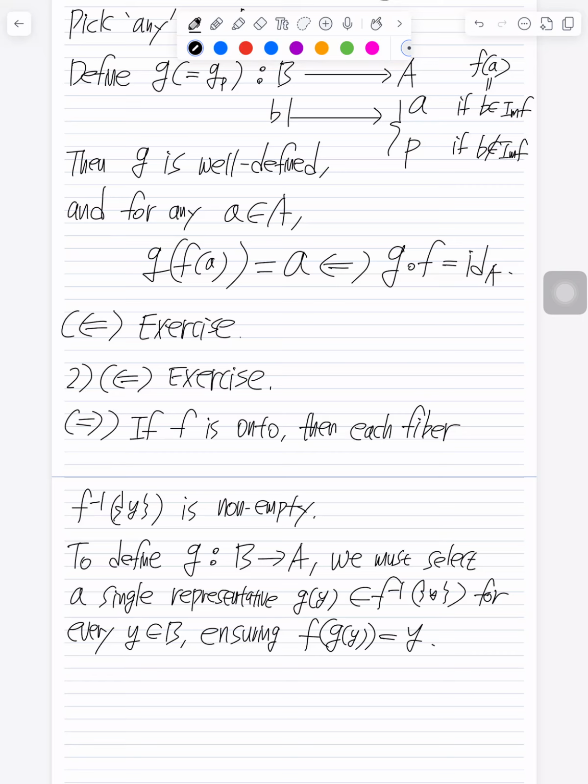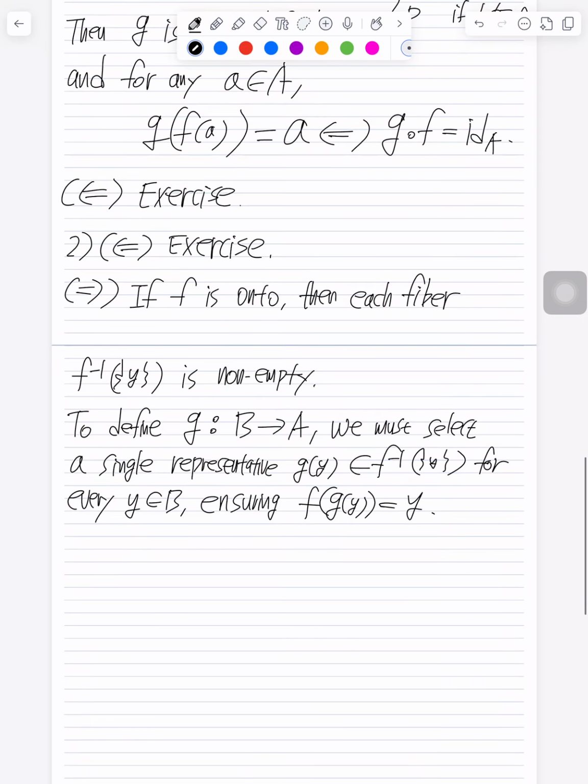If we guarantee each fiber is a finite set, then yes, we can definitely choose each g of y, a single representative. But as long as the fiber is not assumed to be finite, there's no way to choose a unique element in general. That's the reason why the axiom of choice naturally enters this business.